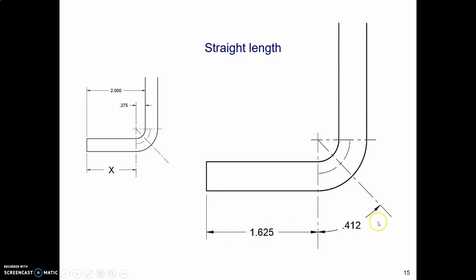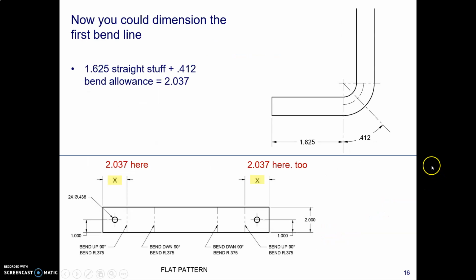So now we can get to the first bend line. We have a straight part that's 1 5/8, and that curved section that's 0.412. 1 5/8 plus 0.412 is 2.037, just a tiny bit bigger than 2 1/32. So on this end of the part it's 2.037, and on this end of the part it's 2.037.